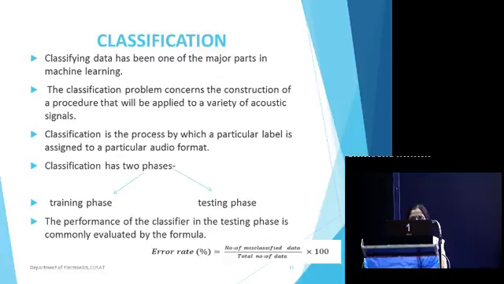Now, having taken the features, we get to classification, a major machine learning problem. The classification problem concerns the procedure to achieve the objective of classifying a signal. Classification has two phases, a training phase and a testing phase.